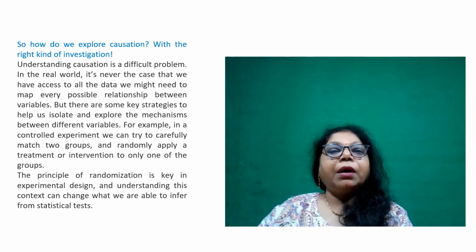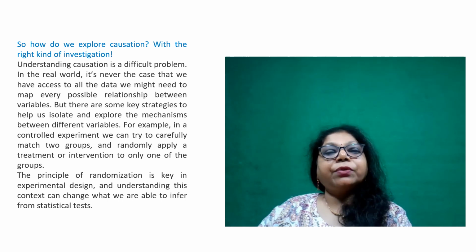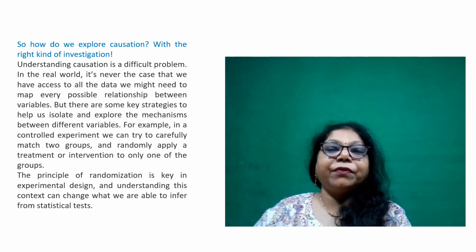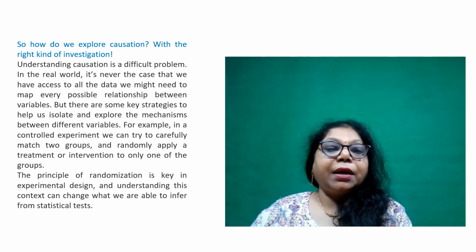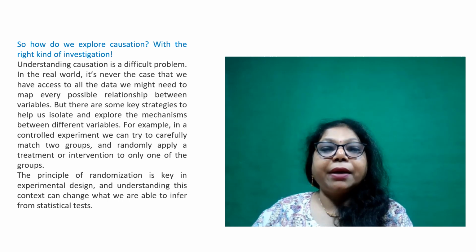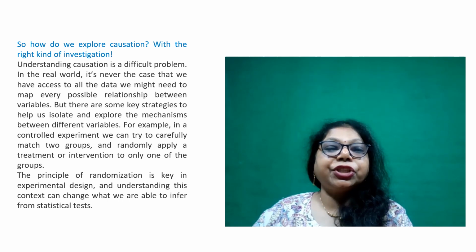For example, in a controlled experiment, we can carefully match two groups and randomly apply a treatment or intervention to only one of the groups. This is the principle of randomization. It is key in experimental design, and understanding this context can change what we are able to infer from statistical tests.